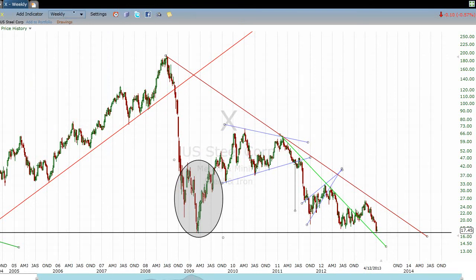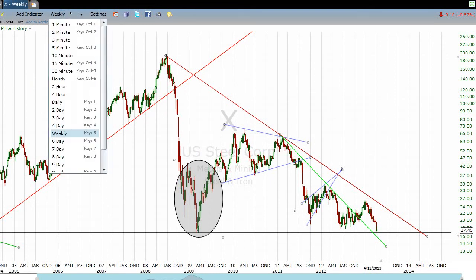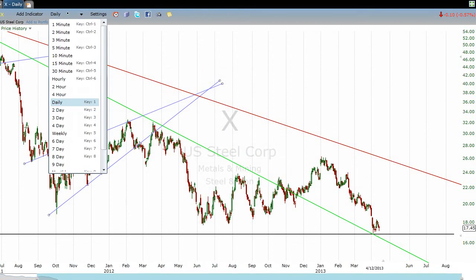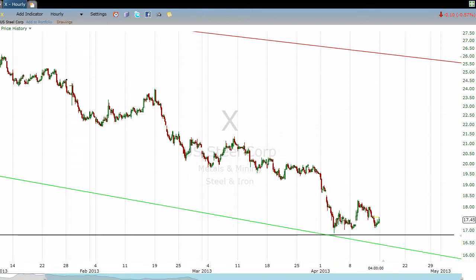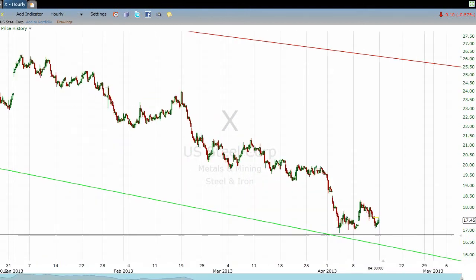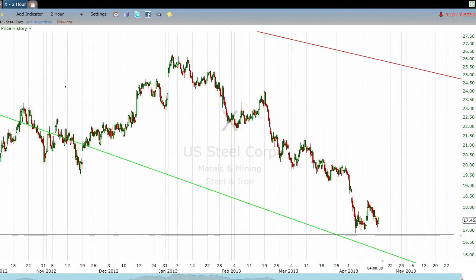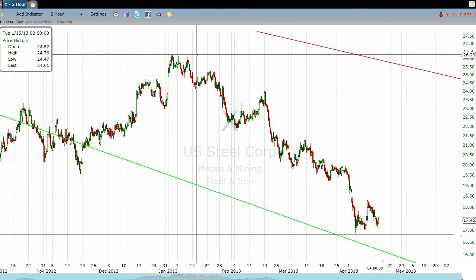The other thing I would look at now, let's go in and look at it on a much smaller time frame. Matter of fact, we can actually go in and probably look at this on an hourly basis. Well, maybe not quite. Let's go to a 2-hour chart. And you can see that at one point we were up around 26.